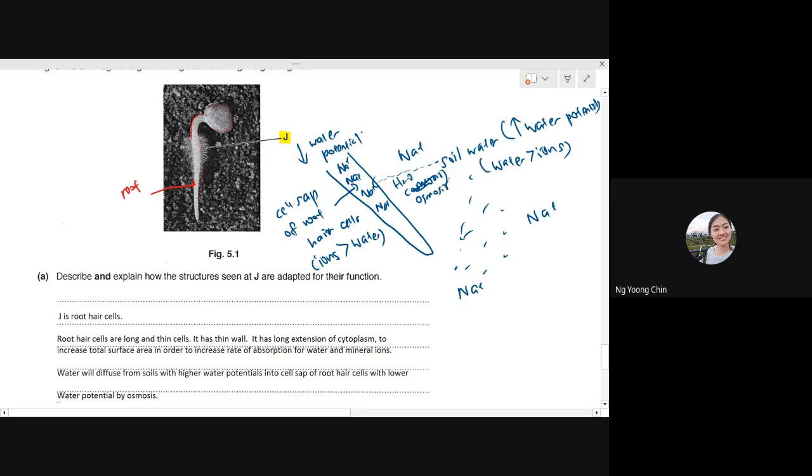So how about active transport? Active transport refers to ions moving from low concentration to high concentration. So the ions will be moving in this way, from low to high concentration. Because it's active transport, they are transported against the concentration gradient.